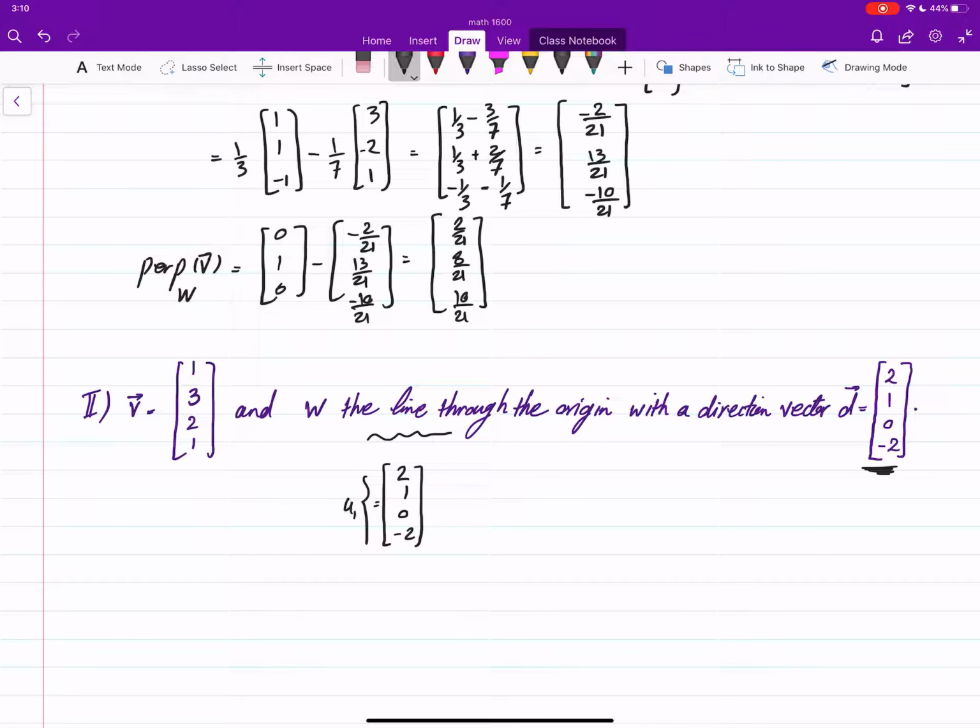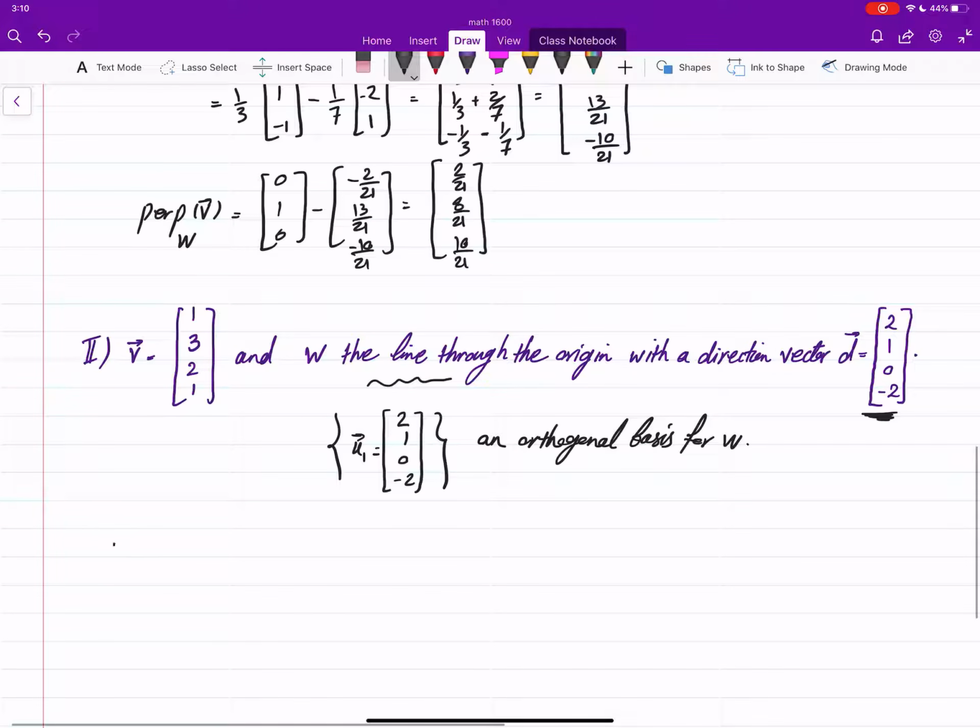So let me call this U1. And this is an orthogonal basis for W.